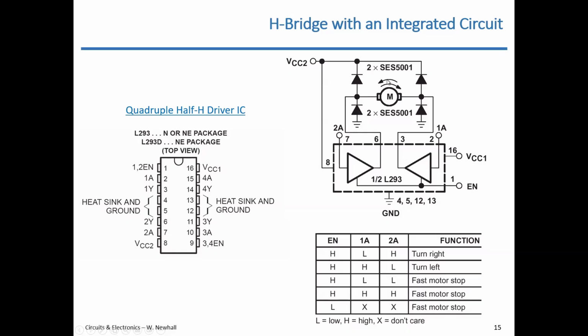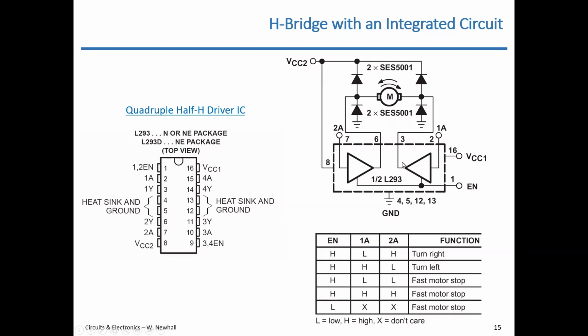to make that motor spin. So if you have, let's say, pin 3 high and pin 6 low, you would have current going from pin 3 to pin 6, and that motor would spin in one direction, and then you could reverse the direction by having pin 6 high, pin 3 low, and the current will go in the opposite direction.